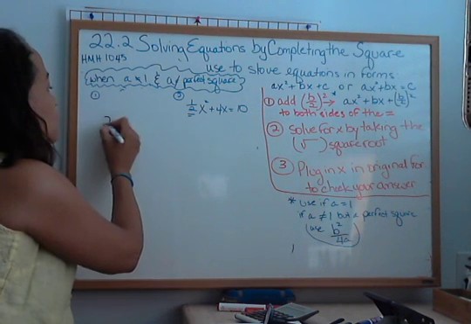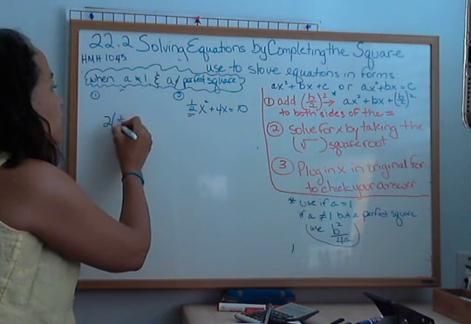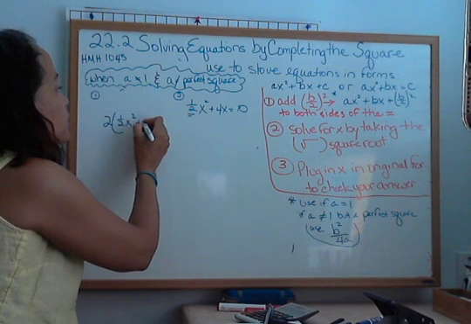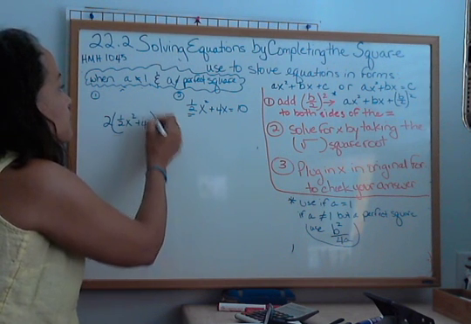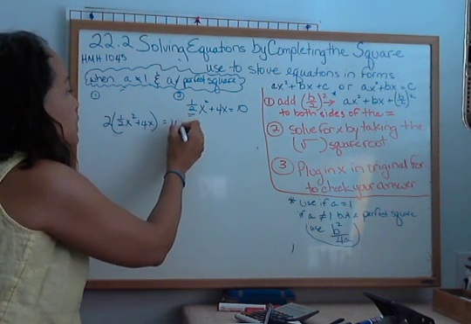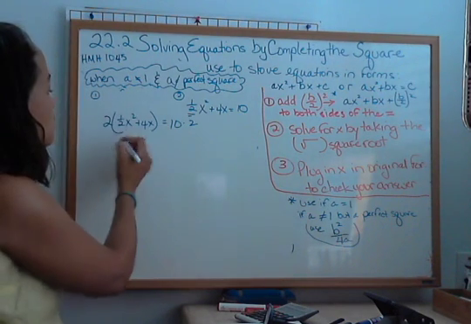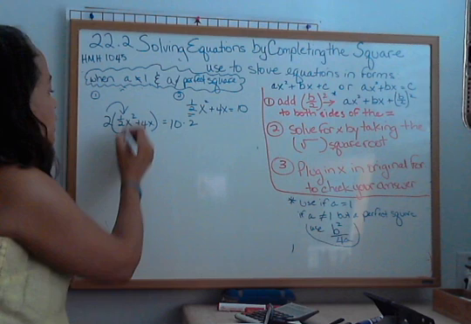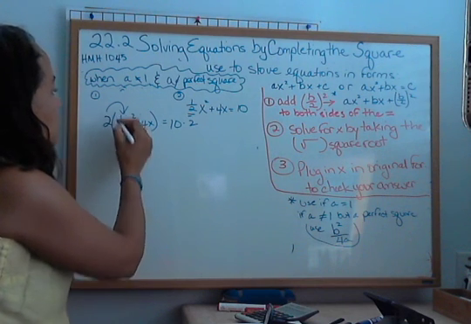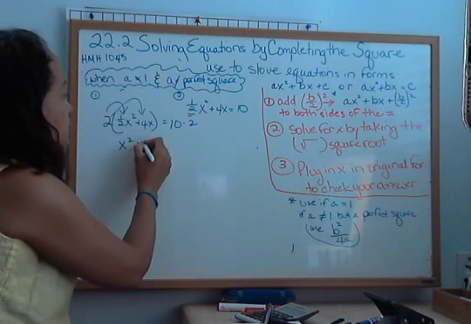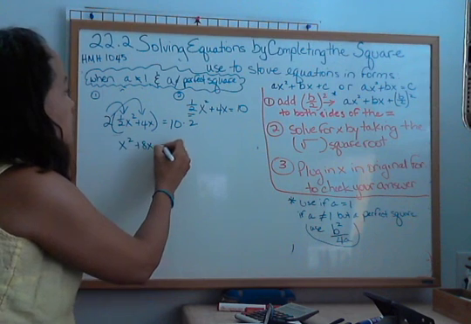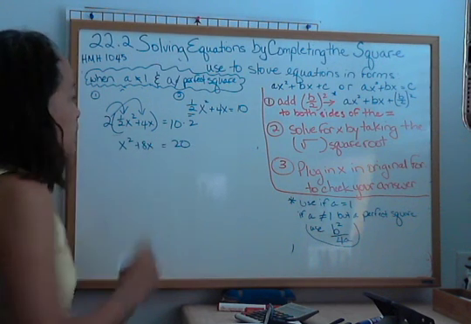So I'm left with 2 times 1/2 x squared plus 4x equals 10 also times 2. You have to do the same thing to both sides of the equal sign. Well, when I plug it in, I get x squared plus 8x equals 20.